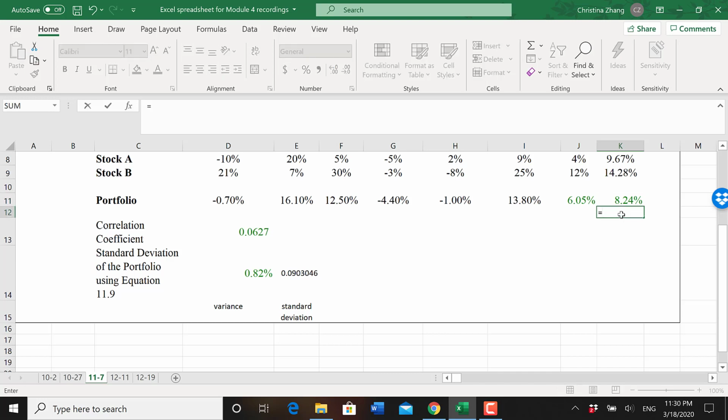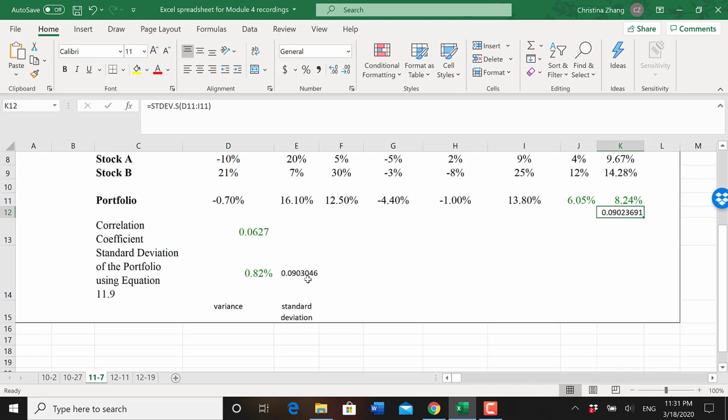Now let's see how our number is going to be different if we instead use a sample standard deviation rather than a population standard deviation. I'm still doing the same thing. Again, as you can see, the two numbers are identical now. So keep one thing in mind: if you're using the formula from the textbook to calculate your standard deviation from the variance, the number you are getting is going to be the sample standard deviation, not the population standard deviation.